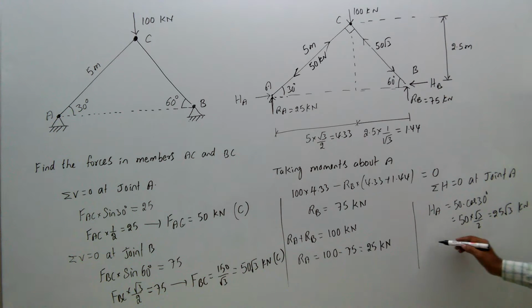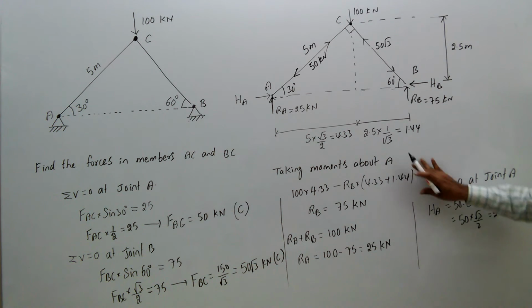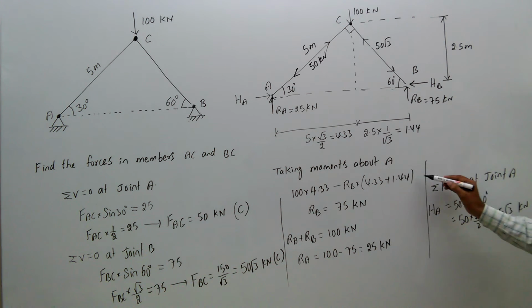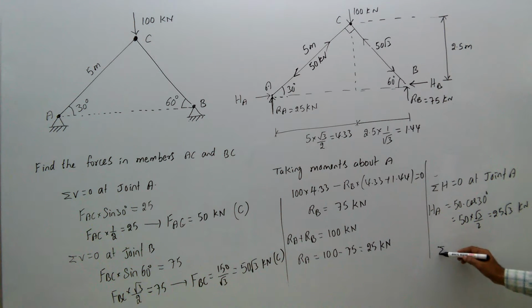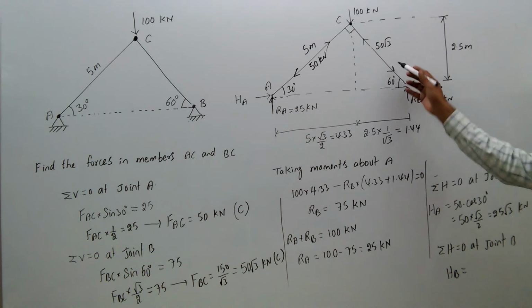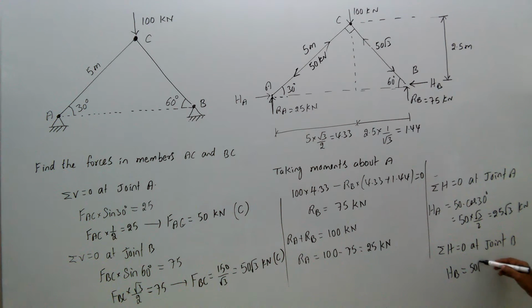25 root 3. Similarly, analyzing sigma H equal to 0 at joint B, horizontal components. So HB equal to the 50 root 3 component into cos 60. That equal to 50 root 3 into 1 by 2, that equal to 25 root 3 kilonewtons.